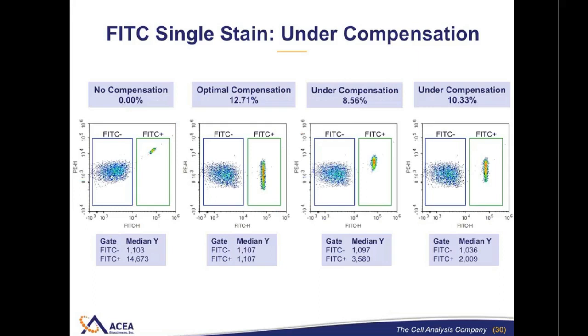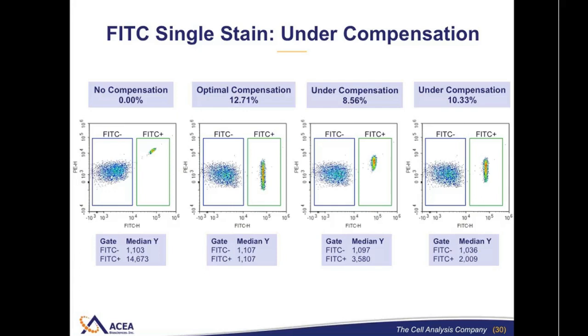However, the third and fourth panels both show undercompensation. The third panel is very clearly undercompensated. We can see that just by a quick visual check. However, the undercompensation in the fourth panel is not quite as obvious. Without looking at the actual numbers, the median Y values of the FITC negative and positive populations, we might not notice the undercompensation as readily.